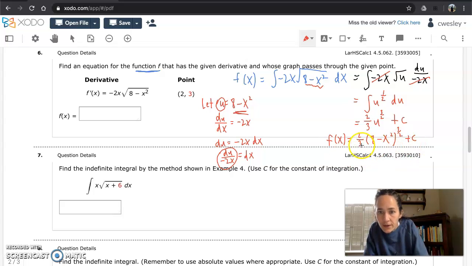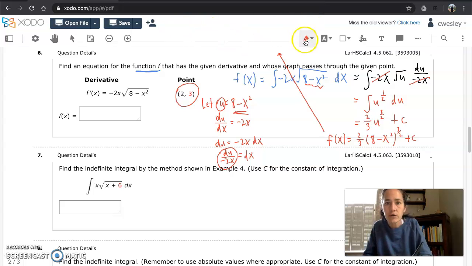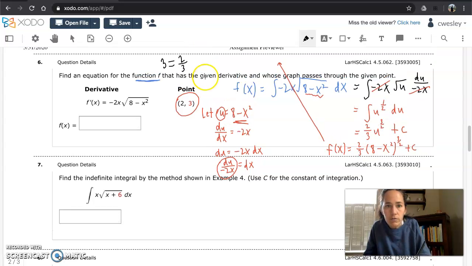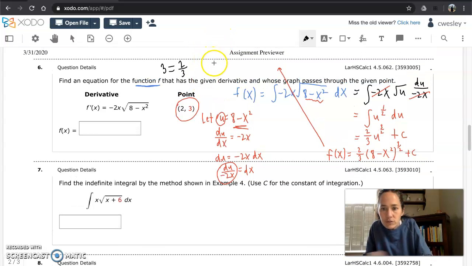And we are almost done, but we do have this initial condition given. My point was 2, 3. If you plug in 2 for x and 3 for y, you should get a good answer for this. So I'm running out of room here. I'll say 3 is the y, so 3 equals 2/3 of 8 minus 2 squared to the 3/2 plus c.